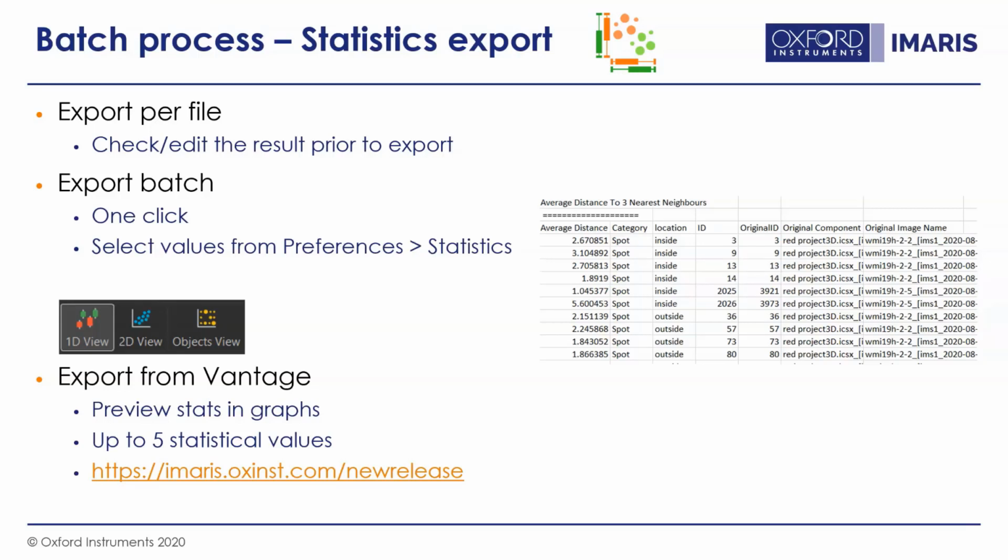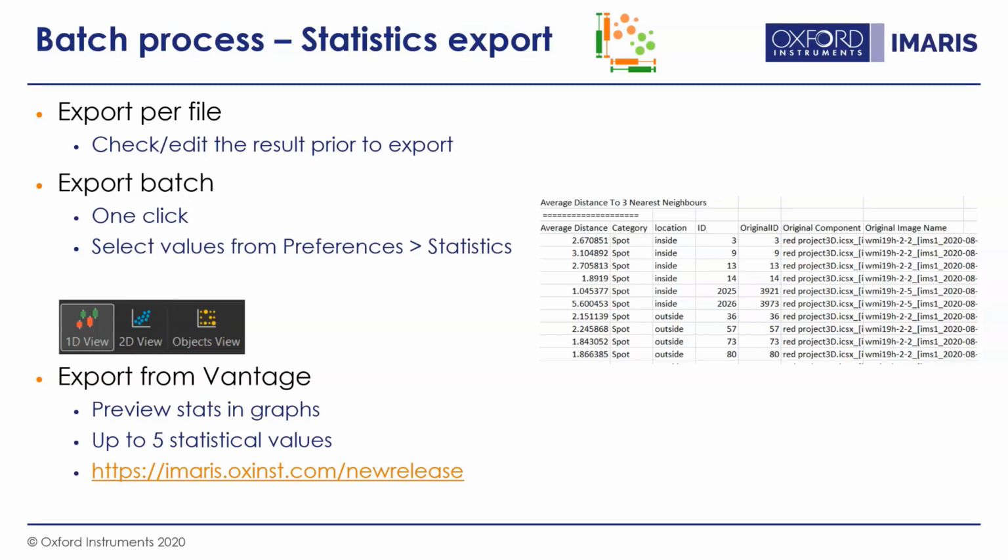With all the analysis that we have done, now let's talk about how to export the statistics we generated from the batch object detection. There are a few different ways to export statistics depending on the scope that you want to export. First, we can export it from each individual image file.